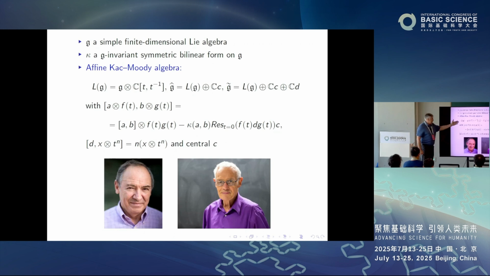This is the loop algebra that was already shown. The universal central extension is one-dimensional, with this central element C, and it will be convenient also to use the degree derivation D, which is an extra element of the Cartan subalgebra.